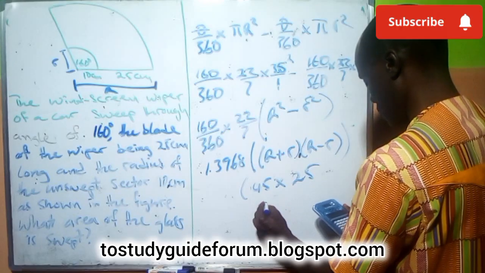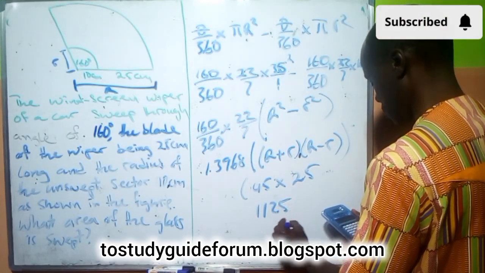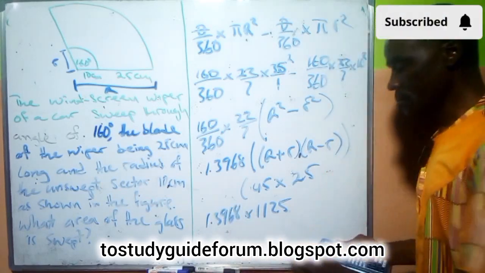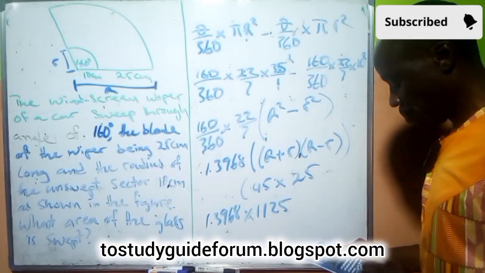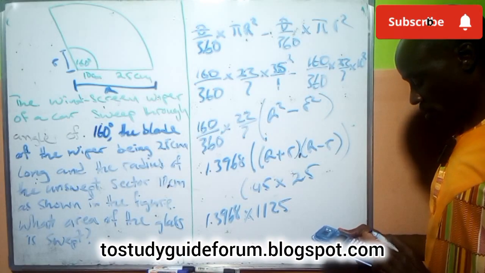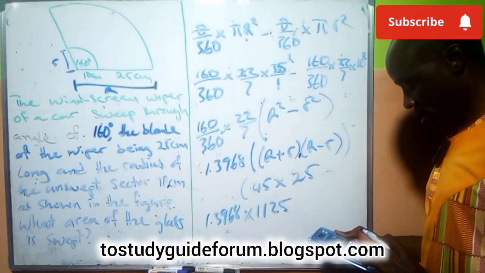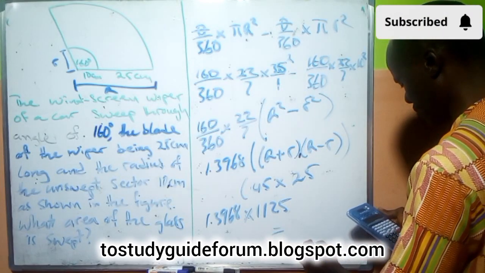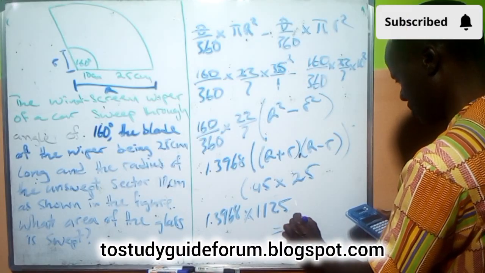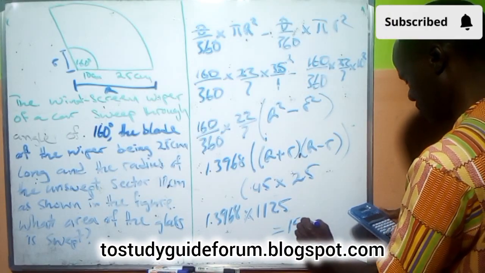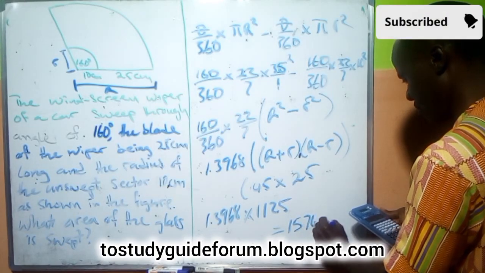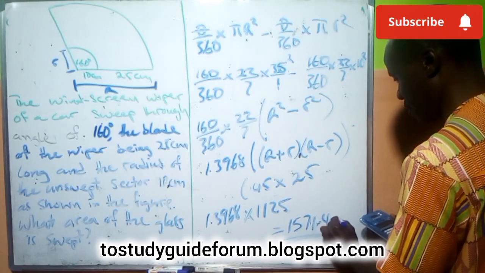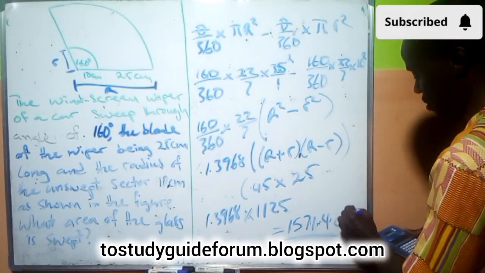We have 1 times 1.39. So when we multiply through 1.3968, what we have is 1571.4 cm squared.